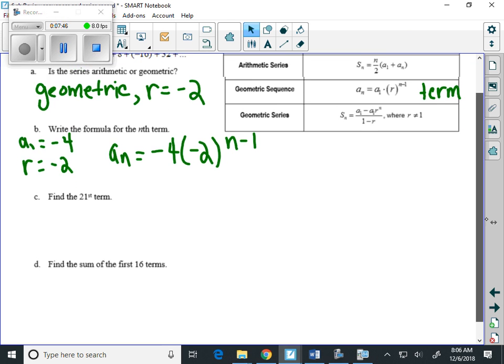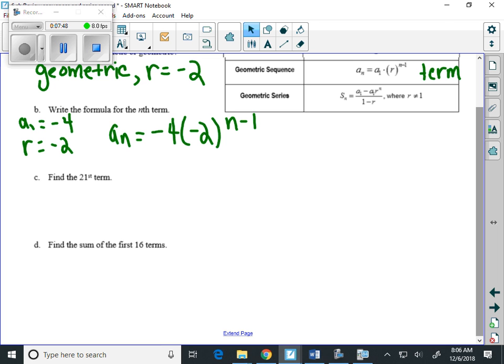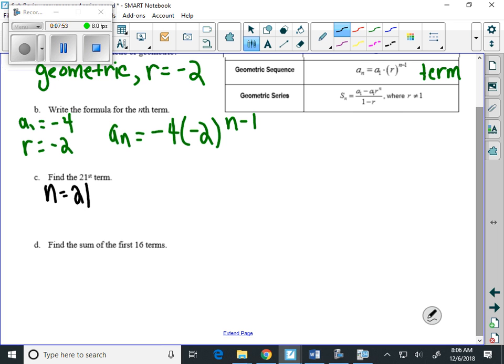But now here in part C, we will know what n equals. It says find the 21st term. That's our n. And we're going to put that back into our formula. So it's going to be a sub 21 equals -4 times -2 to the 21 minus 1.